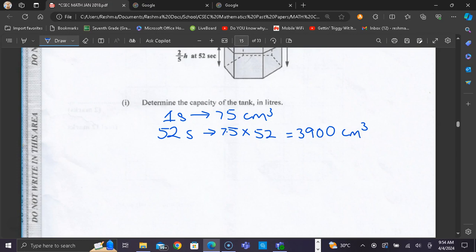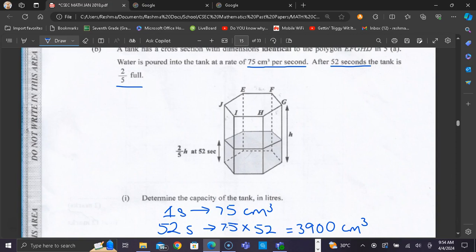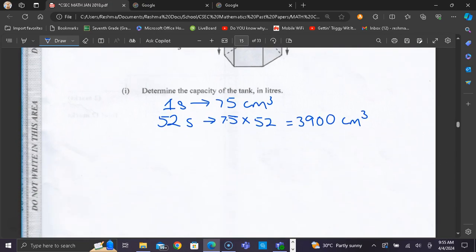So this will be the volume of the tank after 52 seconds. And since after 52 seconds the tank is 2/5 full, 2/5 is 40%. So it means that 40% of the tank is full after 52 seconds. So therefore this 3,900 cubic centimeters represents 40% of the volume of the tank.